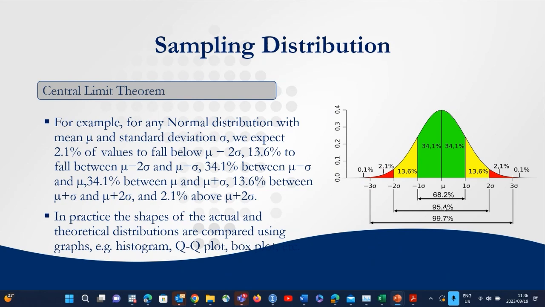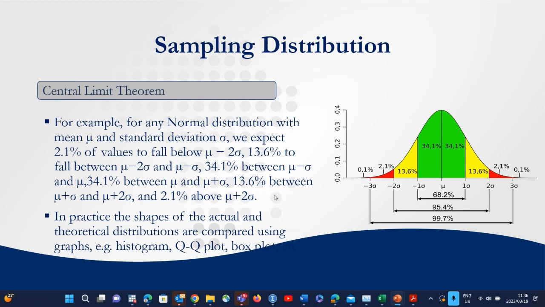But we know that once we say that the distribution is normal, then these are the attributes that we are expecting. For instance, we are expecting that 2.1% of the values will fall below mu minus sigma, right? And then 2 between mu minus sigma and mu minus 2 sigma.